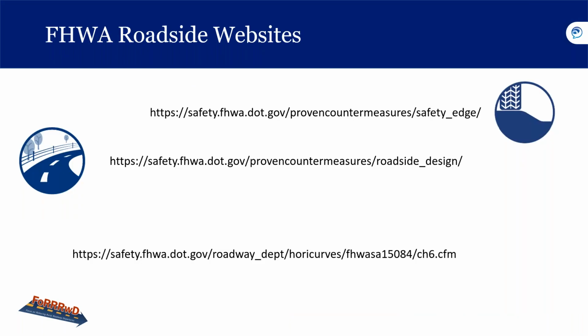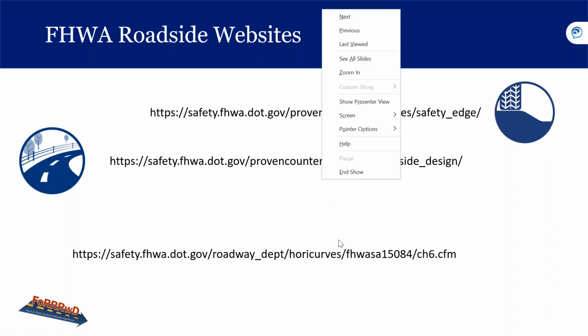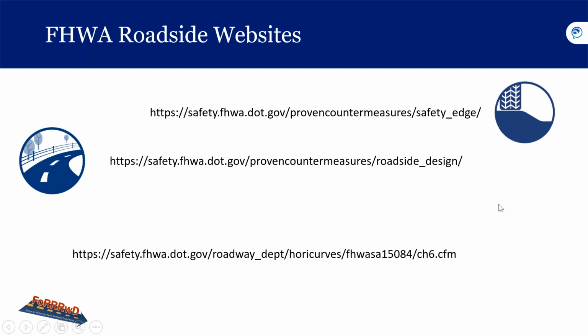So here are some more resources about some of these countermeasures from the Federal Highway Administration. I want to make sure everybody had a link so they can read up on different countermeasures from the Safety Edge or the Roadside Design Guide or anything to do with horizontal curves.